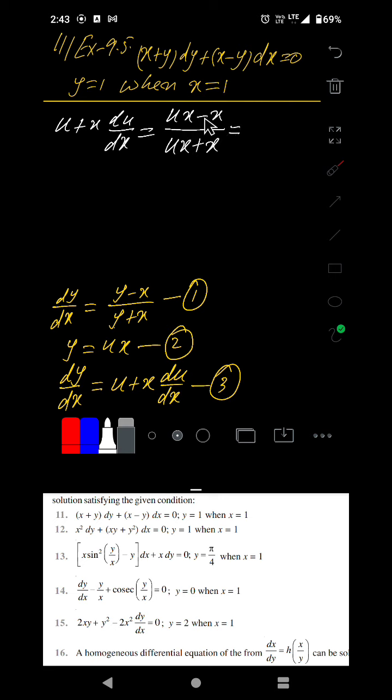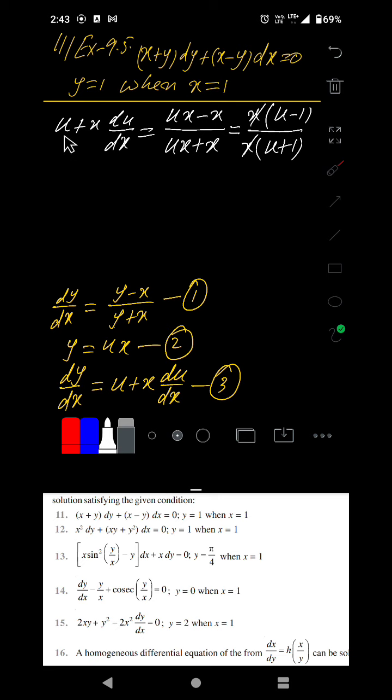Now x is common out of these two terms, so in the bracket we have u - 1, and in the denominator in the same way x is taken common and we have u + 1 inside the bracket. This x is cancelled by this x, and finally we have u + x du/dx = (u - 1)/(u + 1).